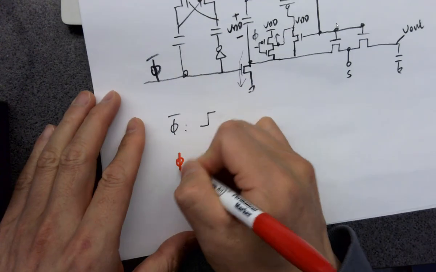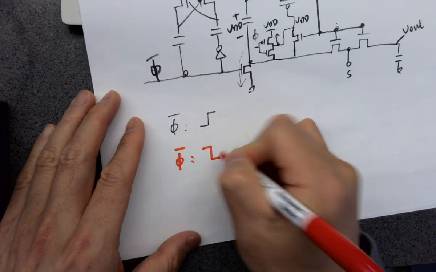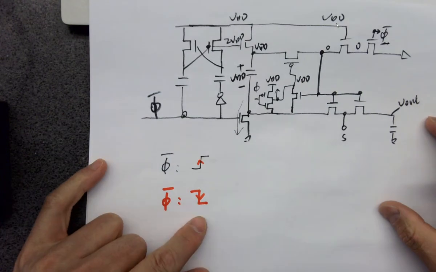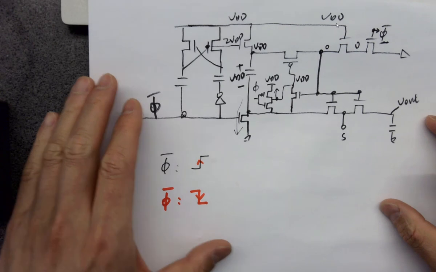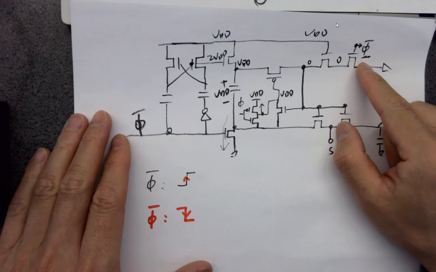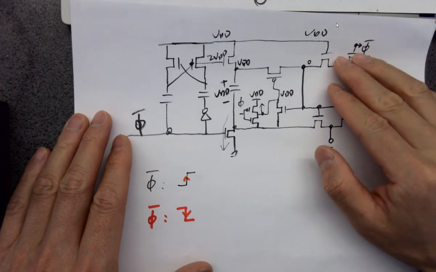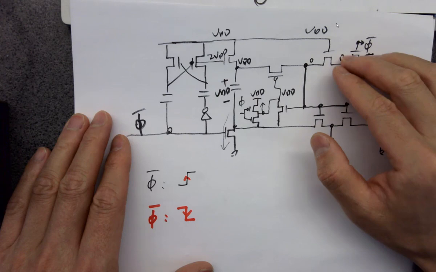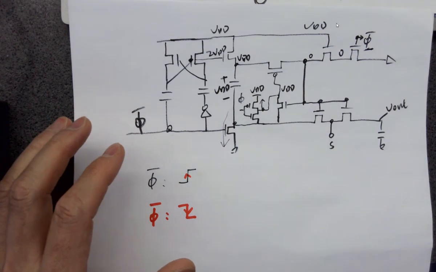When phi naught is the falling edge, what's going to happen? This is off. So you're not resetting your gate voltage. I just want to remind you about this circuit.